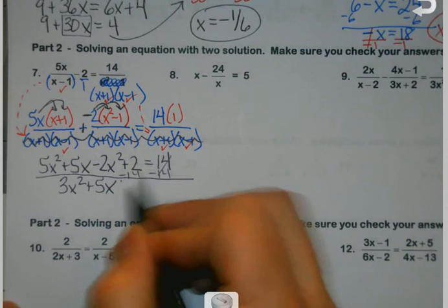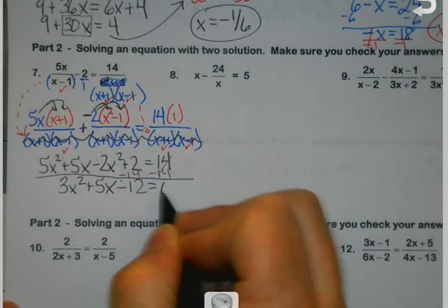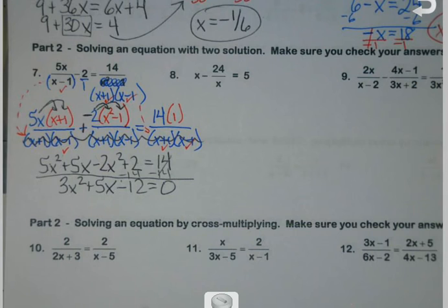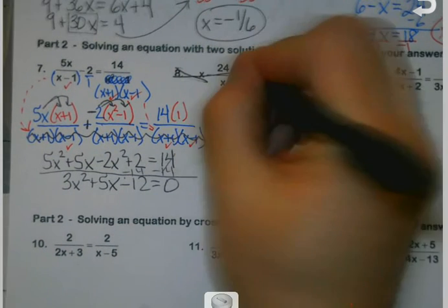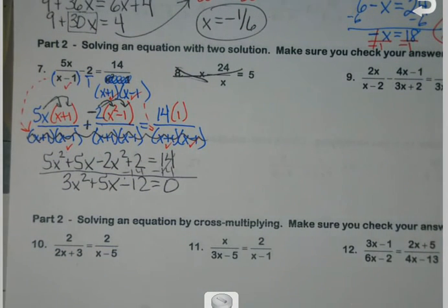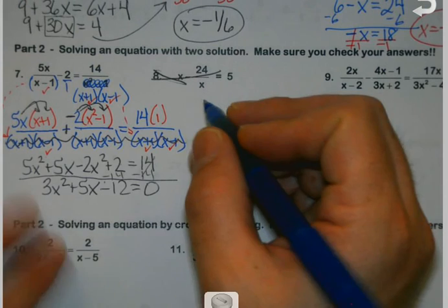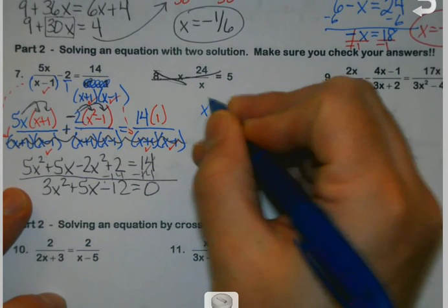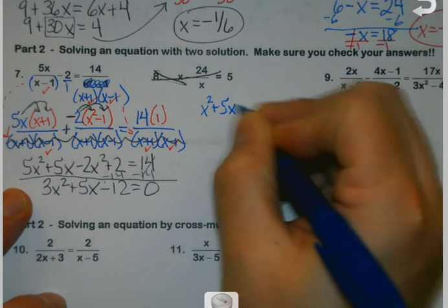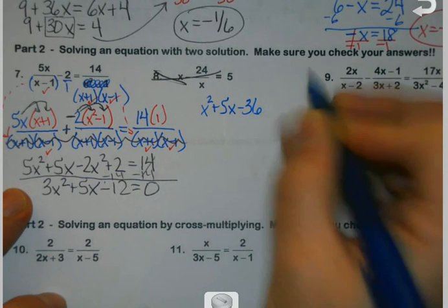So 2 minus 14 is negative 12. And again, I've got to factor this. Whether you're doing it mentally, whether you're doing slide and divide, whatever it happens to be. If you go the slide and divide route, do a little side work here. You slide that 3 down, I'd have x squared plus 5x minus 6.